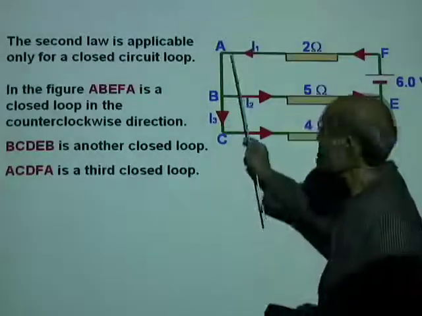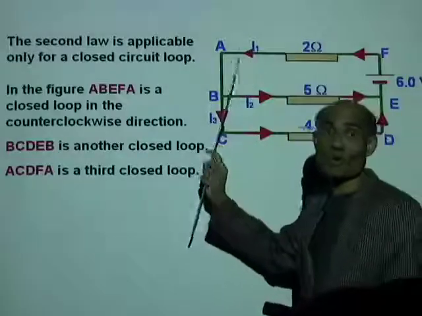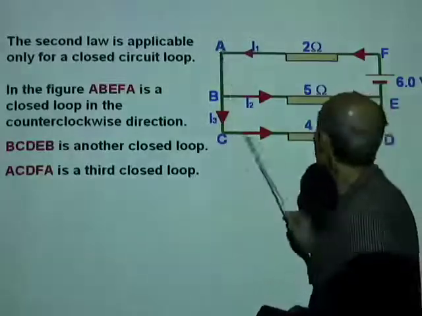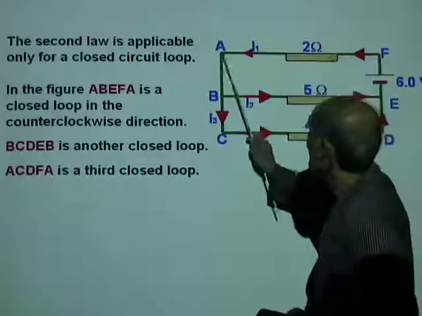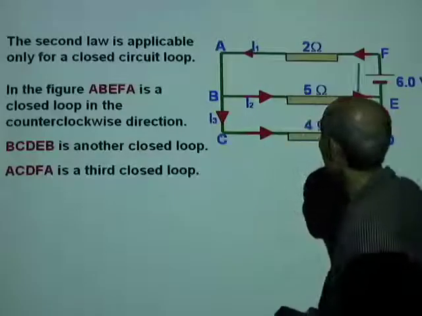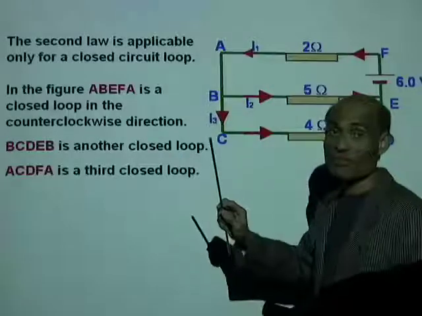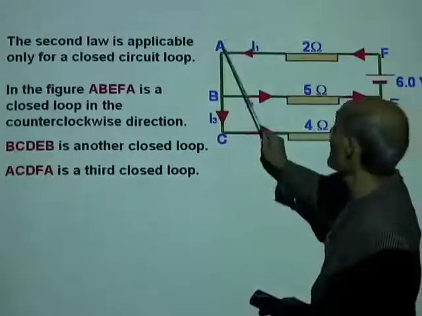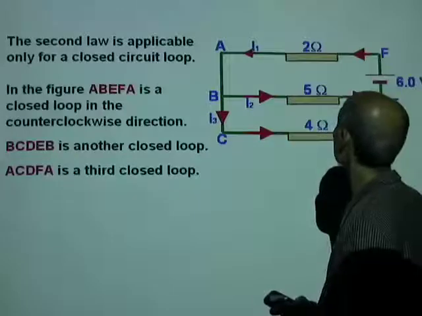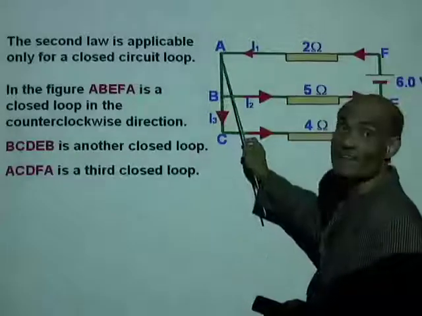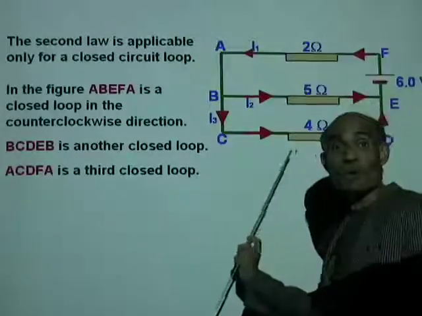Tell me, is this counterclockwise or clockwise? Well, that is also counterclockwise. On the other hand, if I had taken it this way, A, F, D, C, A, that will now be clockwise.